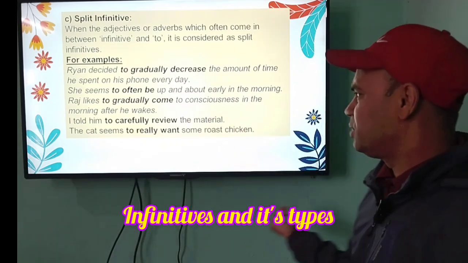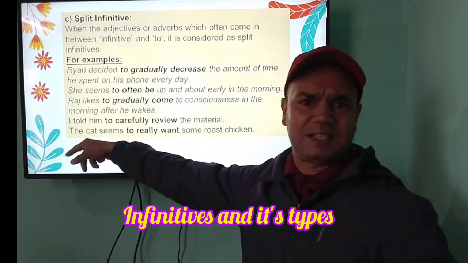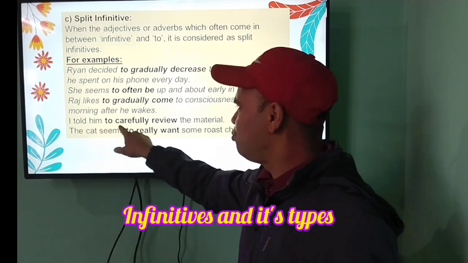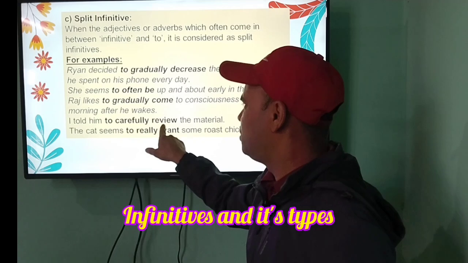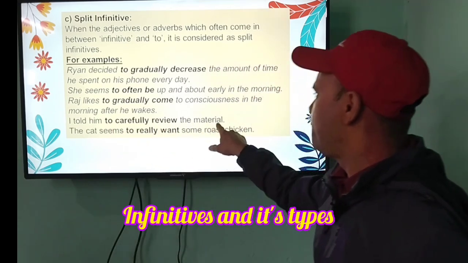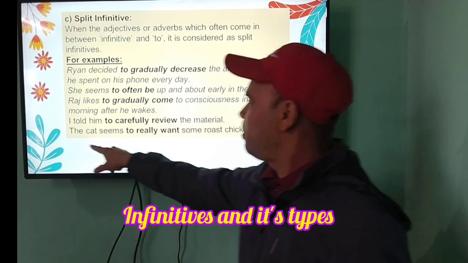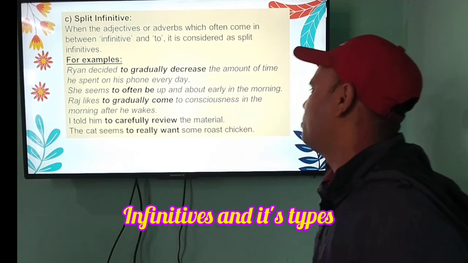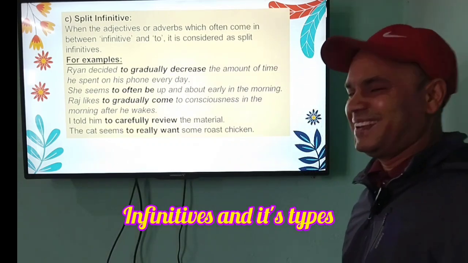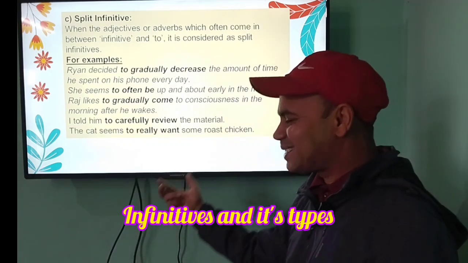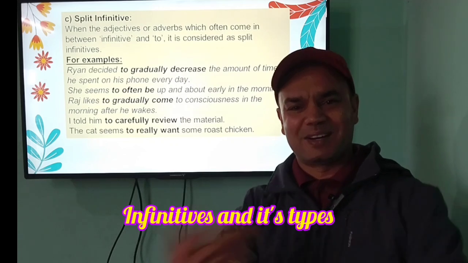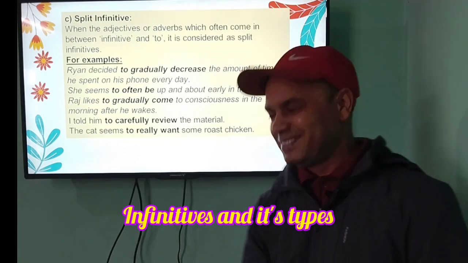Here are the last few examples. I told him to carefully review the material. The cat seems to really want some roast chicken. You can see it's laughing. Not only human beings, but cats also like roast chicken. That's fantastic.